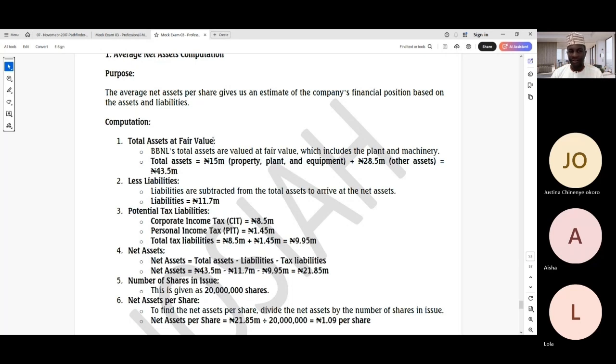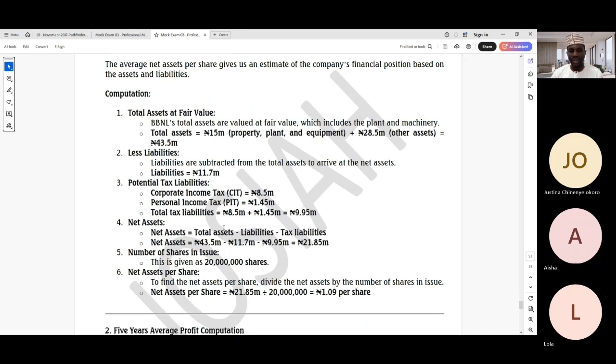So in getting your average net asset, it is your total asset less your liabilities. And on the financial statements of BBNL, the liabilities is 11.8 million. And looking at the liabilities, we also have corporate income tax, personal income tax, and other taxes of about 9.9 million. So in calculating this, we need to have the total or the average net asset, which speaks to 43 million in assets, less the liabilities and the potential tax liabilities of 21.8 million.